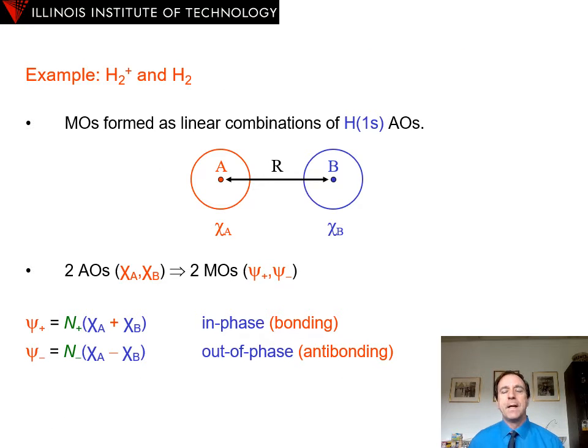Okay. All right, molecular orbitals are formed as linear combinations. Here we're going to look at the hydrogen molecule. So either ionic hydrogen, which remember we saw as our simple example, with just 2 protons and 1 electron, or we could look at diatomic hydrogen.